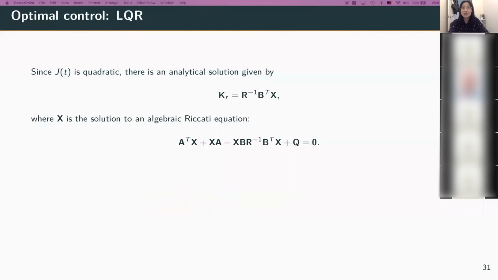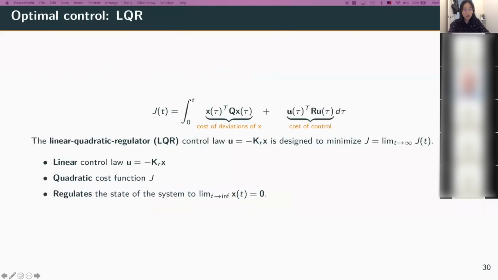Would you mind reminding me the definition of R, please? Right, so R is the matrix in the cost function that regulates how much control effort we want to put in. So it's not explicitly defined, it can just be something arbitrary there? It's going to be user defined, I suppose.